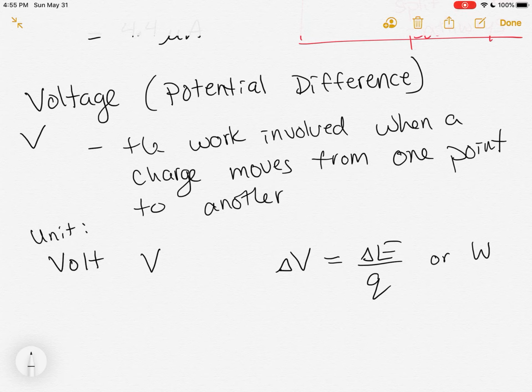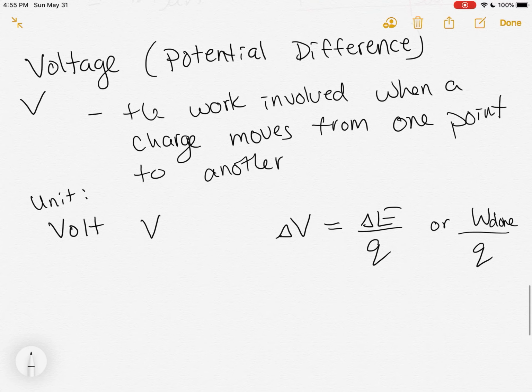Okay, or it could be the work done over your charge. And so what that means is that 1 volt is actually 1 joule per 1 coulomb. So when I said that it's kind of like energy, it's not exactly energy specifically because it's energy based off of how much charge. Okay, and so 1 volt is actually 1 joule per coulomb.